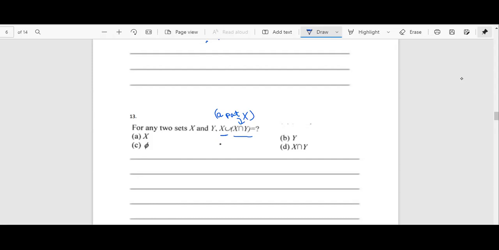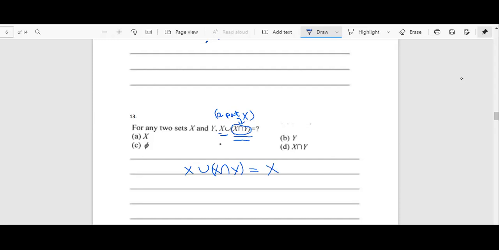And now when I'm taking X union X intersection Y, where X intersection Y is a part of X, I know that it is going to have the elements of X and the elements of this set, and the elements which are common would be written once. So obviously this whole set already belongs to X, and since I have to write the common elements once only, I am going to get X only, because I do not write the repeated elements.